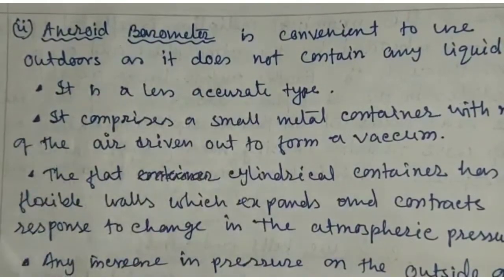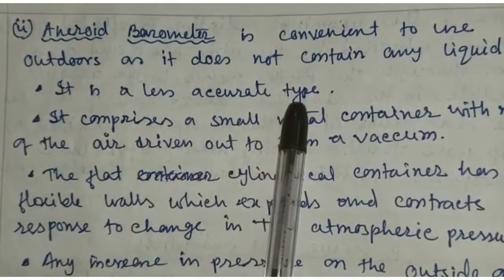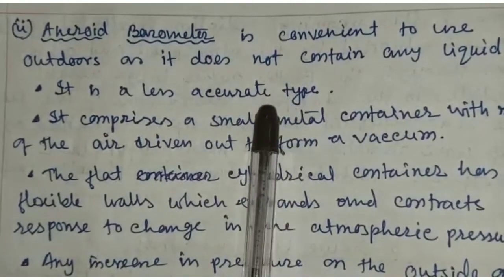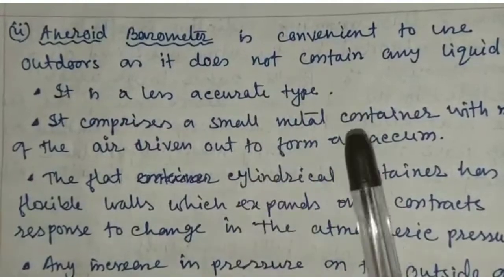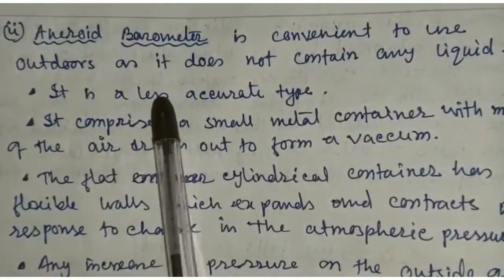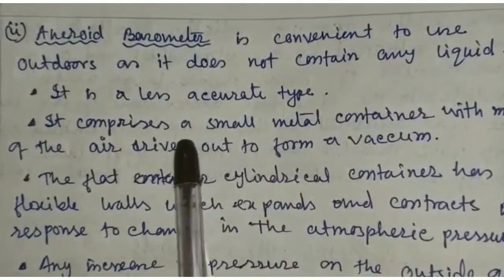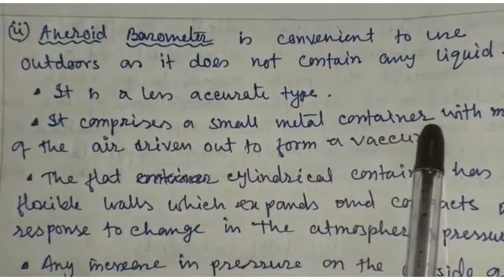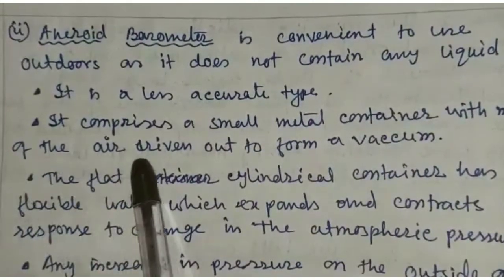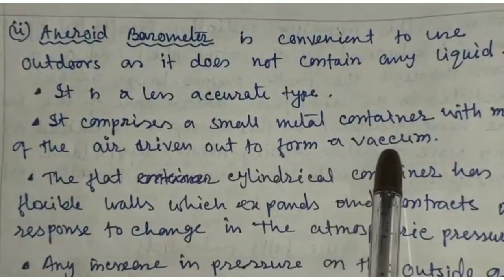On the other hand, the Fortin barometer is the most accurate. The aneroid barometer comprises a small metal container with most of the air driven out to form a vacuum.